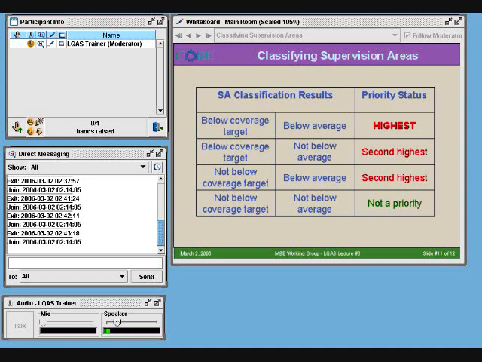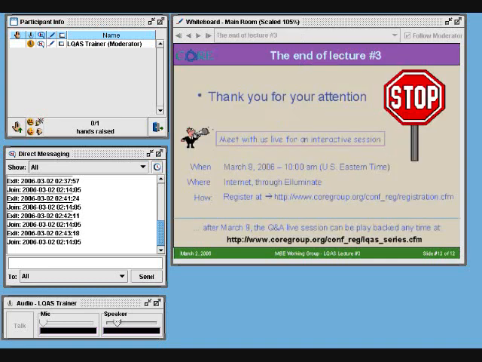So, if a supervision area is below the coverage target and it's below the average coverage, then we should classify this supervision area with the highest priority status. We will take a closer look at this table in the next LQAS lecture, but we wanted to give you an intro of how we can classify supervision areas based on data collected through an LQAS survey.